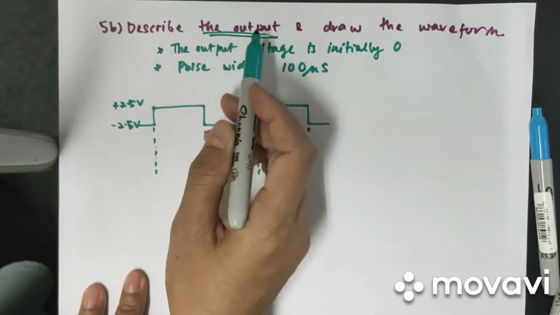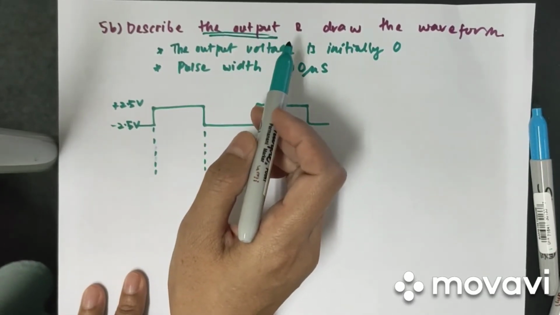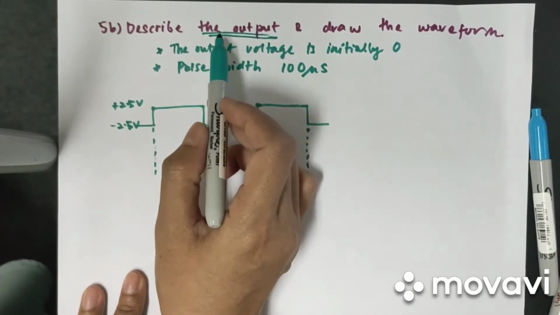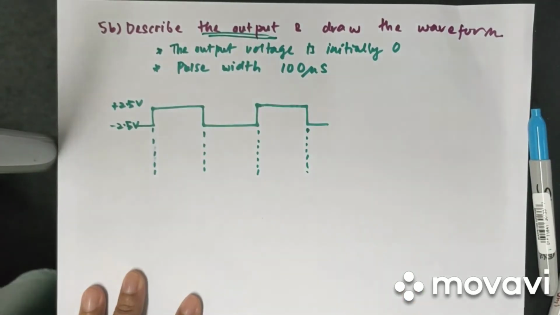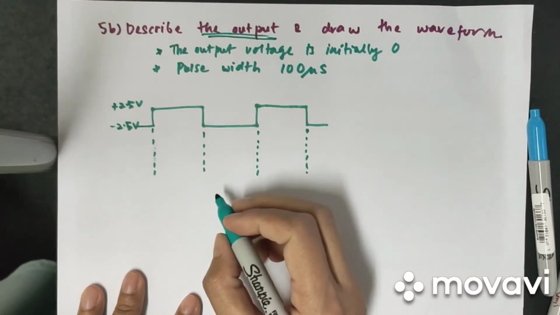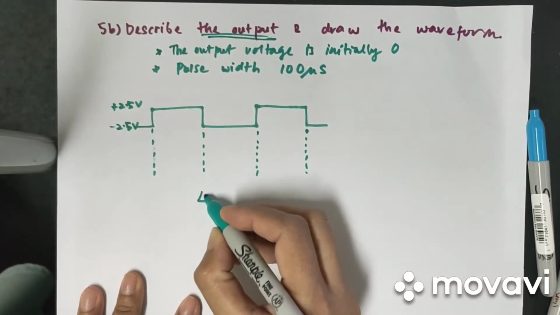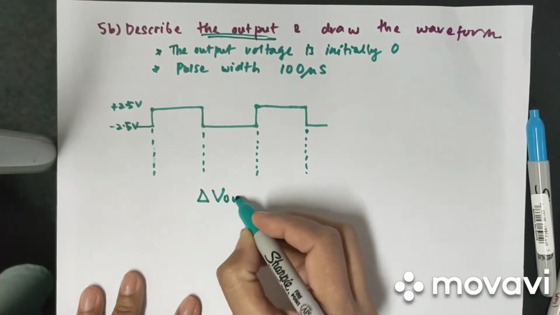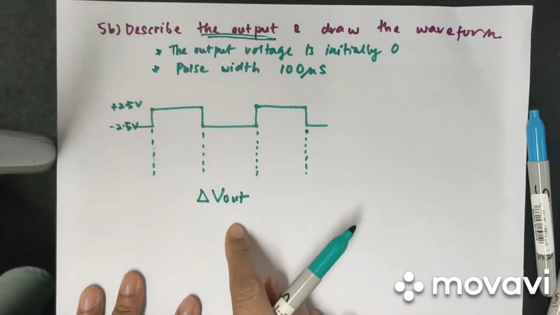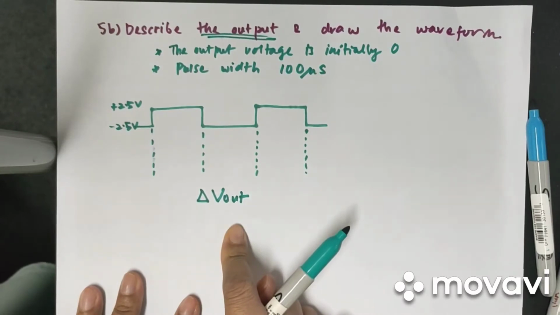It's no more the rate of change of the output. This time it is asking about the output only, which means it is only delta V out that you need to find out.